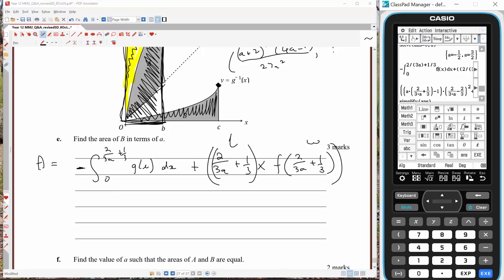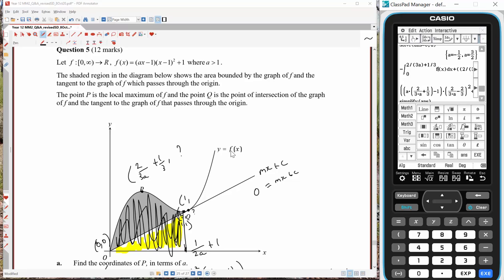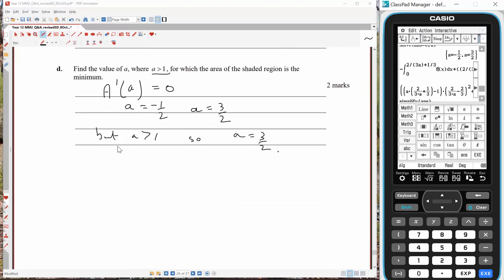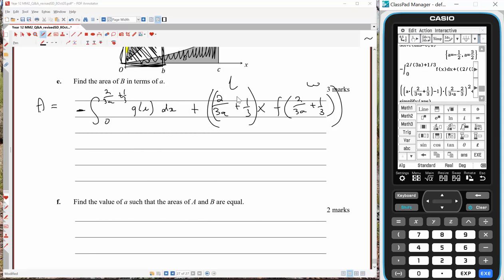Lucky I didn't go ahead and start to write that down, because obviously that is not the answer. Let's double check that. My original function is f of x, so let's try that again for f of x dx. I wrote g of x there, so no wonder it's getting confused. Okay, here we go, another go. All right, that looks better.